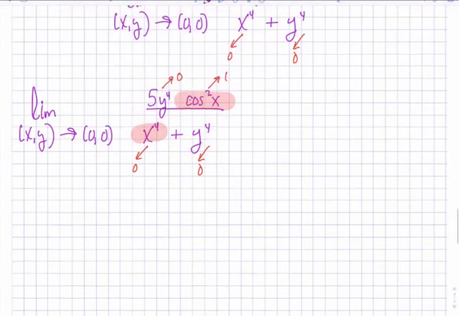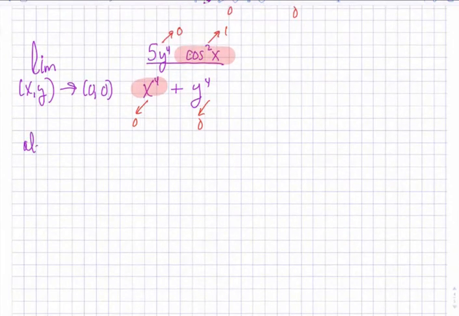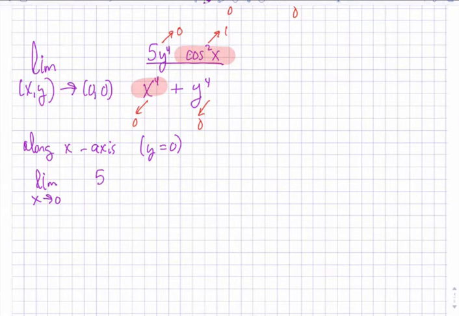Okay, so first let's go along the x-axis. Along the x-axis, we know we have y equals 0 everywhere. We can plug that right into our limit. So now as x approaches 0, y is fixed at the number 0, so it's not changing. We have 5 times 0 to the fourth cosine squared of x over x to the fourth plus 0 to the fourth.